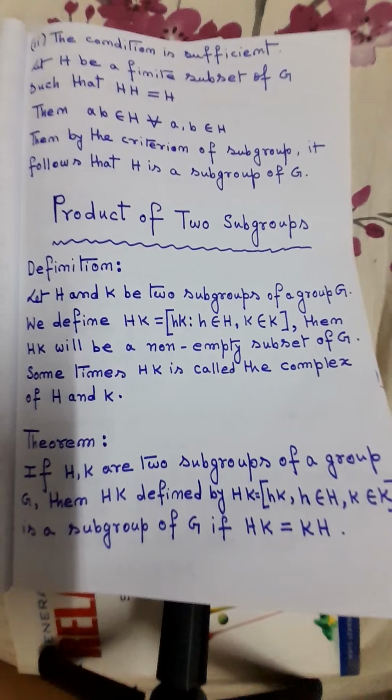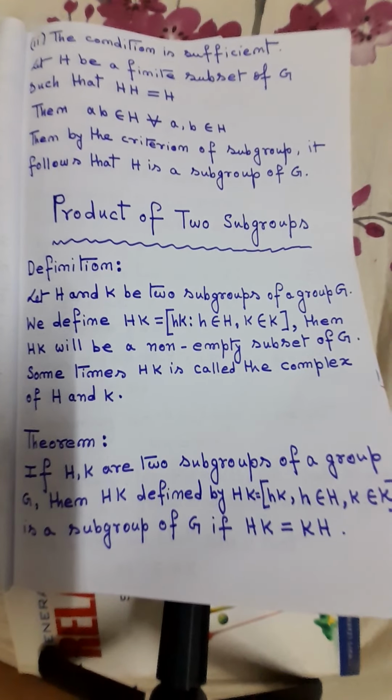Let H be a finite subset of G such that HH equals to H. So then ab belongs to H for all a, b belongs to H, then a binary operation b belongs to H for all a, b belongs to H. Then by the criterion of subgroup it follows that H is a subgroup of G.